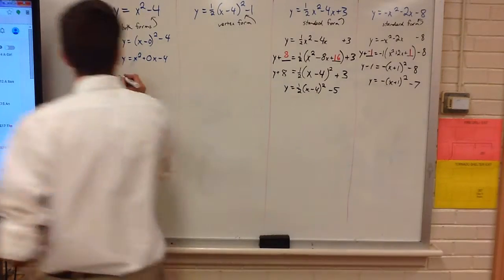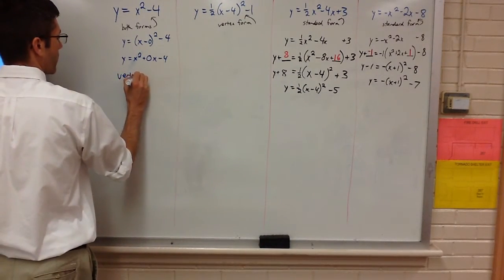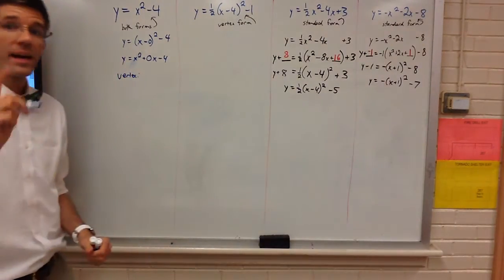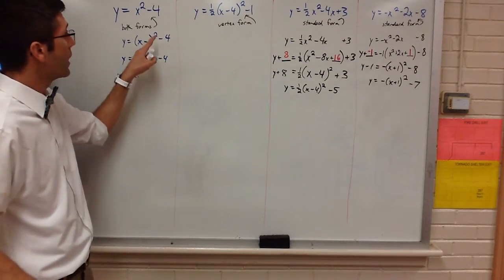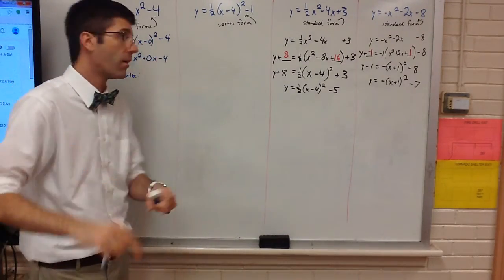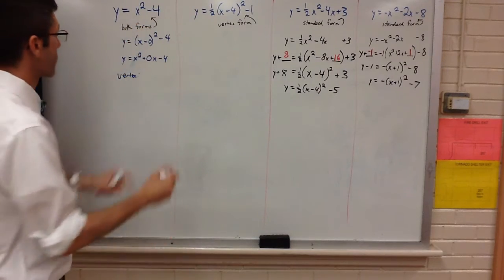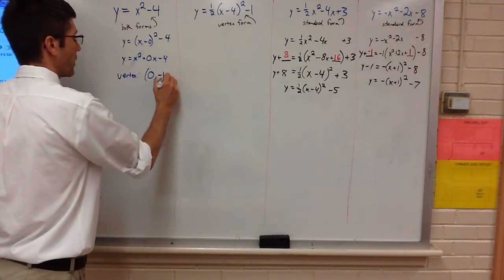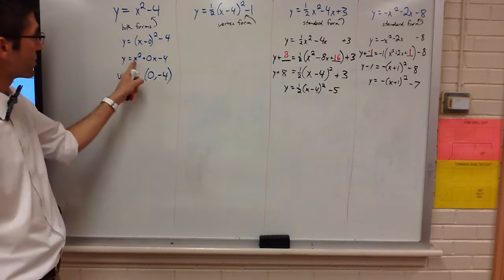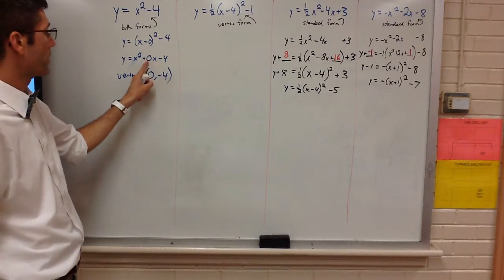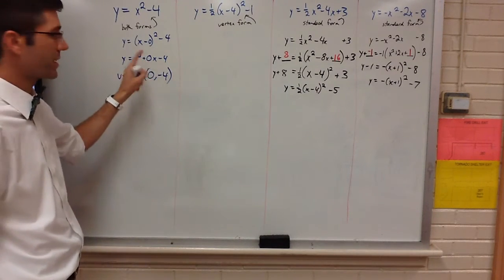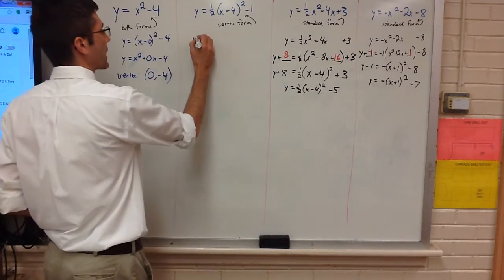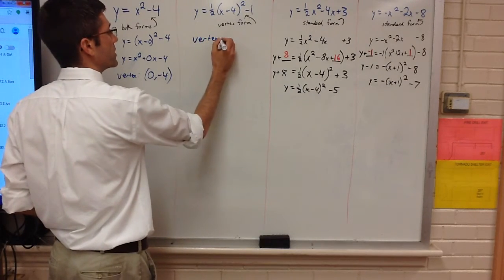So the vertex on this one is at 0, negative 4. Now, I could look up here and say that it's 0, negative 4. I can't look here and say that it's 0, negative 4. No, that doesn't work right there. Not really. I can look at this one and tell what the vertex is.